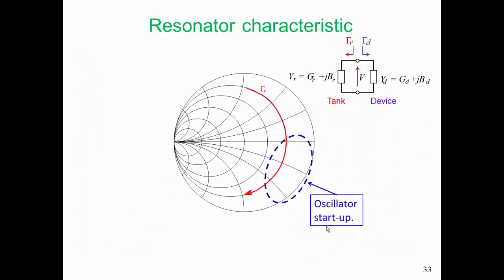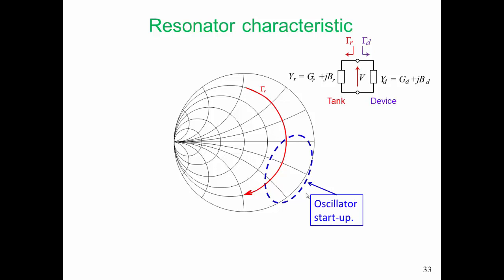There are two other characteristics that we want for our resonator. The first one is that we need to ensure oscillator startup. And in the last segment of the case study, we determined that this blue dashed region here is where we need the crossover point between gamma R and 1 over gamma D to be, at least when the signal is small.